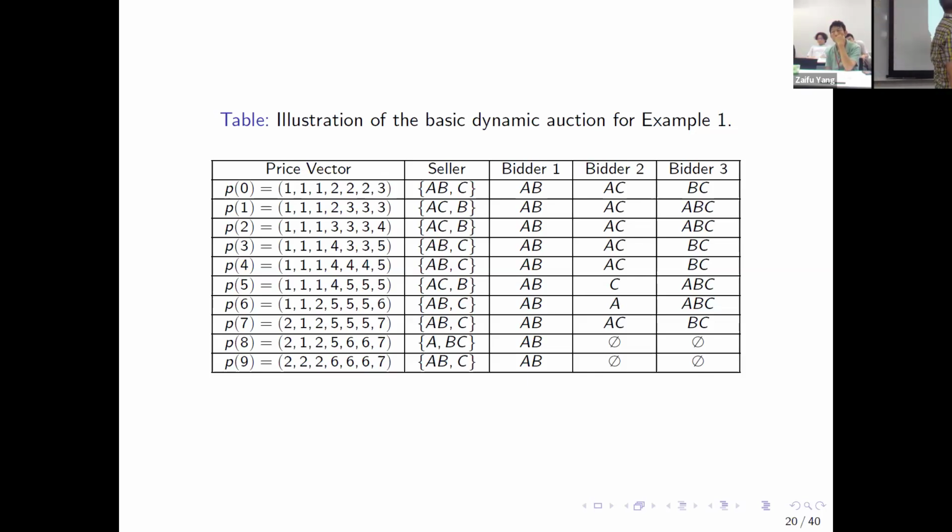Okay, now look at the price of every bundle. Now you see the price of C, the current price is 2, right? 2 is above the reserve price.